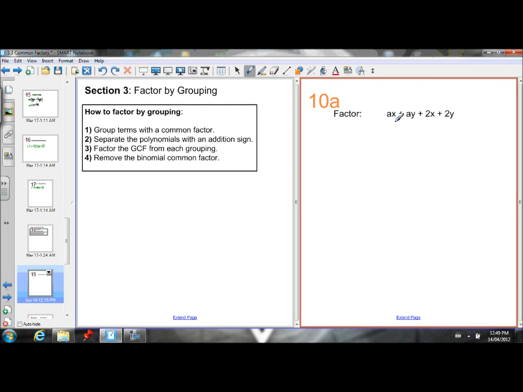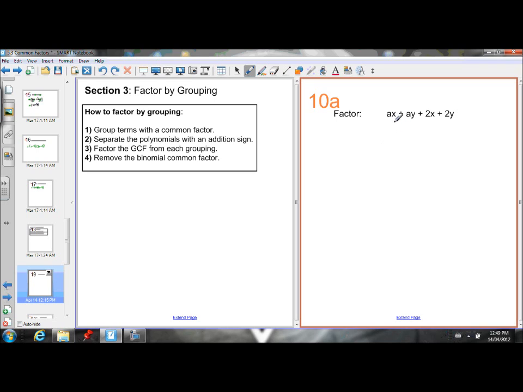Okay, so I want to factor ax plus ay plus 2x plus 2y. You'll notice there's nothing I can common factor from all 4 of these terms together. They don't all have an a, they don't all have an x, they don't all have a y, and they don't all have a 2. So we can't common factor anything from all of them.